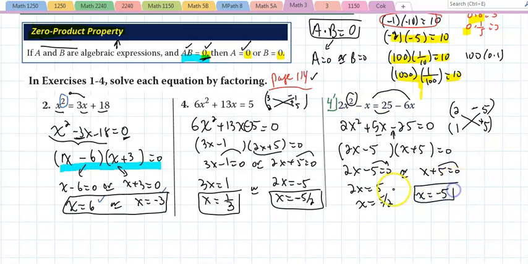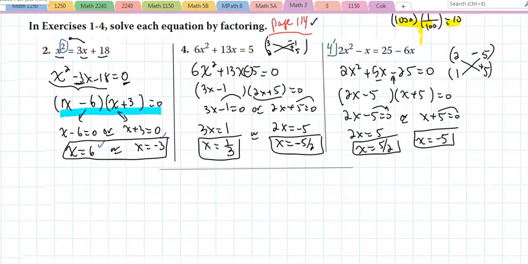So either of those will work. Again, what that means is, if I substitute 5 halves in for x, the left side and the right side would be equal. If I substitute a negative 5 in for x, the left side and the right side will be equal. And if you need to see that, I could show you that in class, just ask.